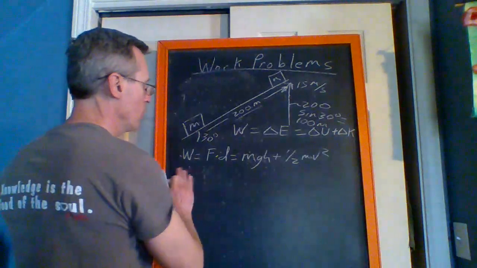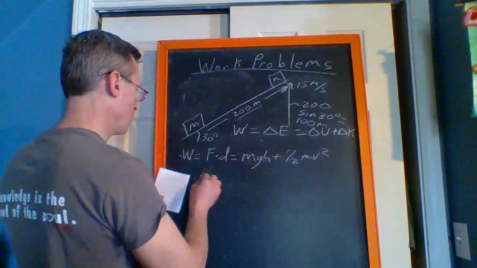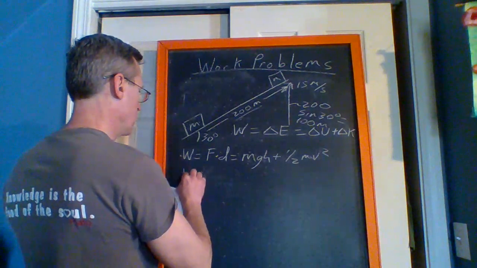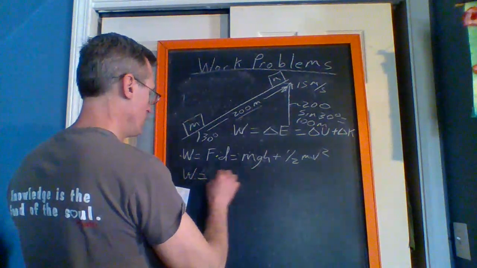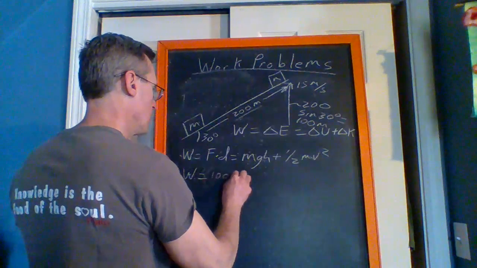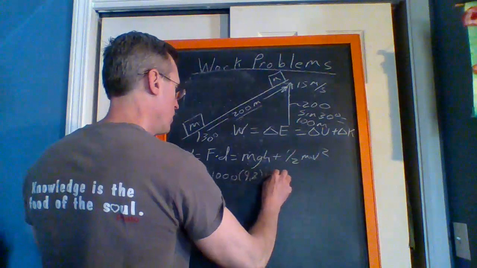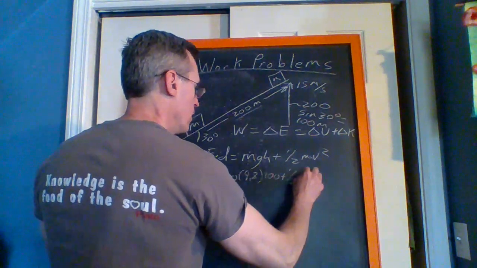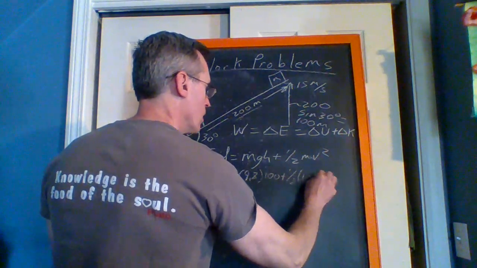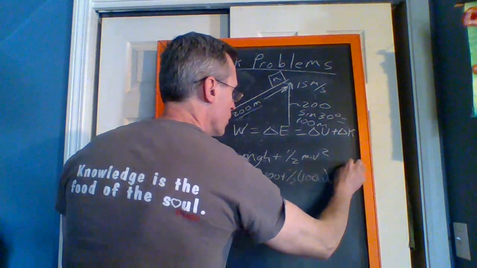So when plugging it in, I get that the work is equal to mgh, so that's 1,000 times 9.8 times 100, plus 1/2 times 1,000 times 15, and be careful, you have to square it.